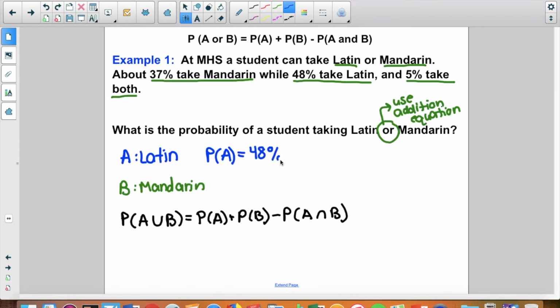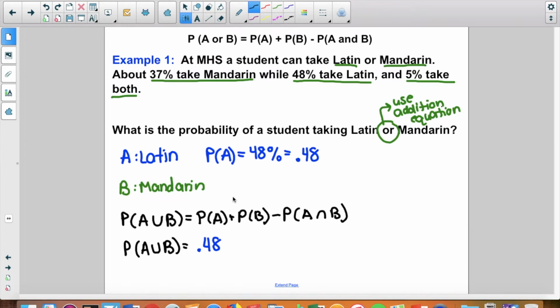Now we don't like using percents in our equations, so we're going to change that to a decimal. To change it to a decimal, divide by 100 or move the decimal place. So it becomes 0.48. So I'm just going to plug that in for now. The probability of A or B equals the probability of A, which was 0.48.